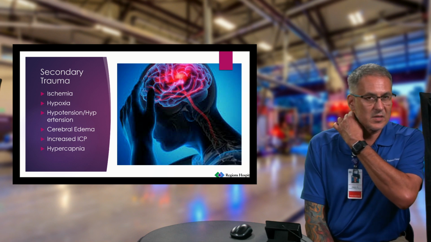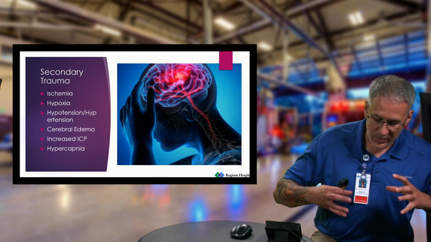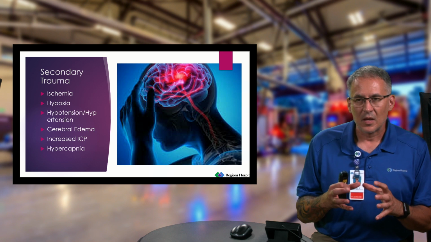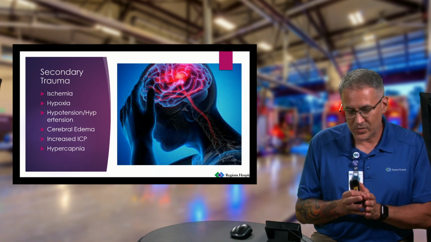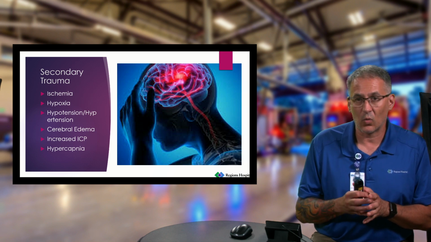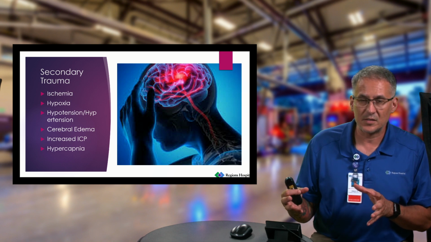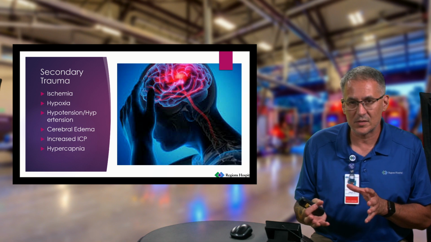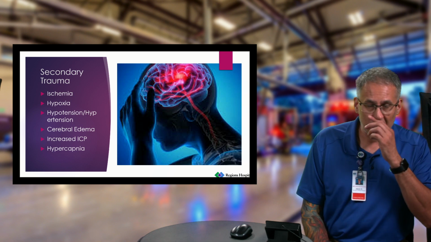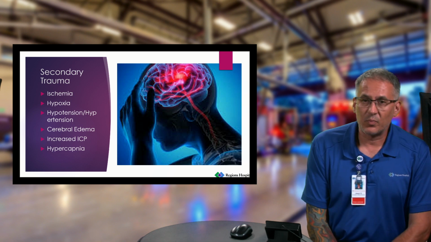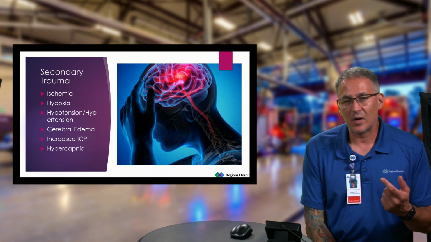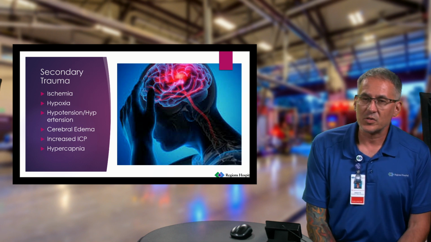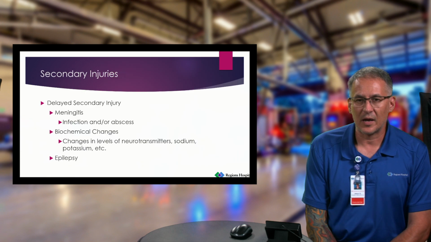Because the brain is encased within the rigid structure of the skull, if we have swelling of the brain tissue and/or blood loss within the brain or the area around it, we're going to get increased intracranial pressure. And depending on their breathing, if they're hypoventilating, we're also going to have a buildup of carbon dioxide.